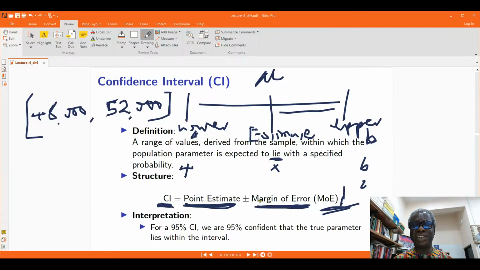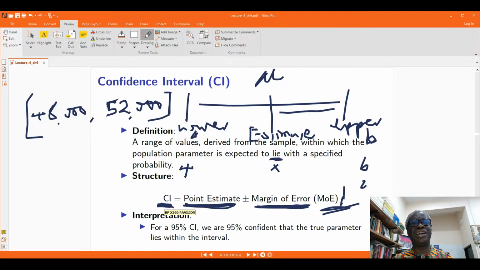If you increase your margin of error, then your confidence interval, of course, will become wider. If you reduce your margin of error, then your confidence interval becomes narrower.